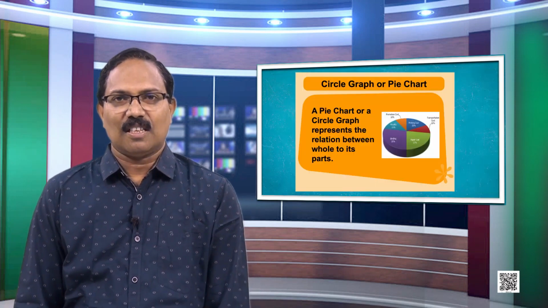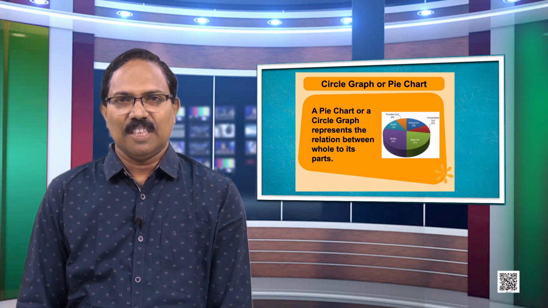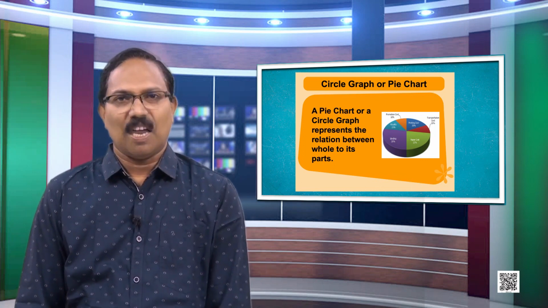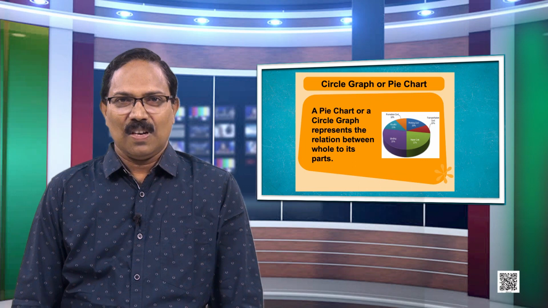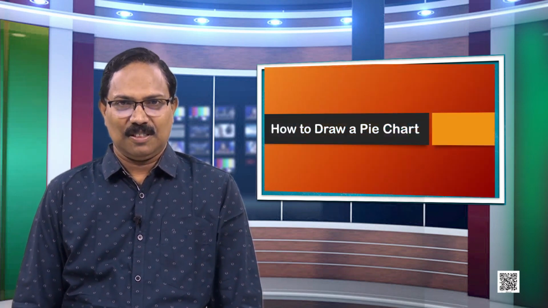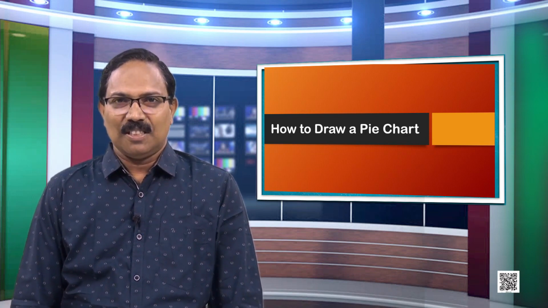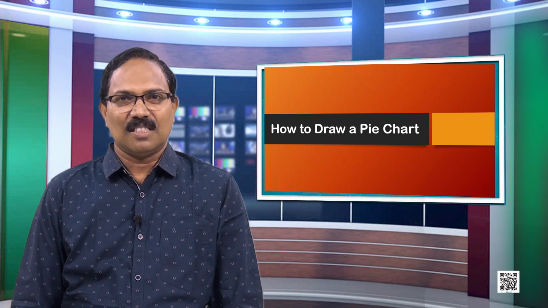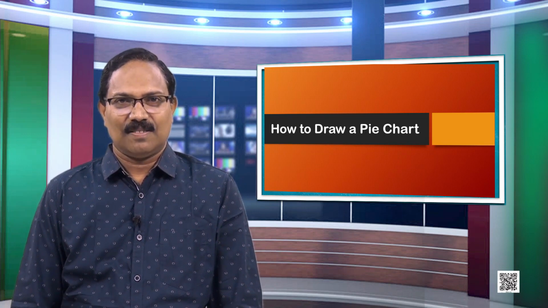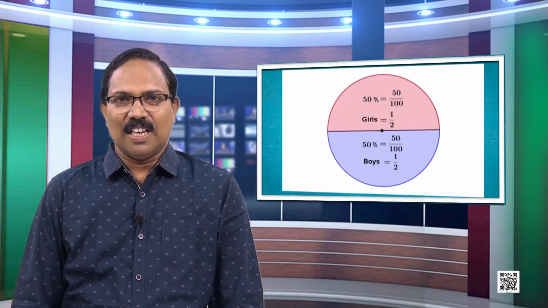A pie chart or a circle graph represents the relation between whole to its parts. So, let us learn how to draw a pie chart. In order to draw a pie chart, we need to understand certain aspects. For that, look into the figure given here.